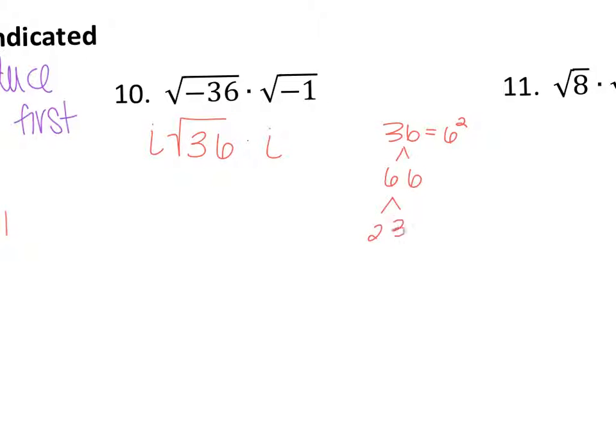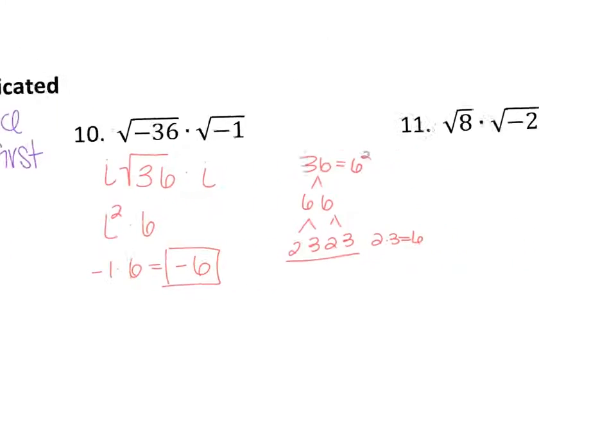But if you didn't know that, you could still break it down, and you realize that the 2's are going to come out and the 3's, and 2 times 3 equals 6. So I'm going to have i times i, which is i squared, times 6. Well, i squared I already defined as -1, so it's going to be -1 times 6, which gives you -6.